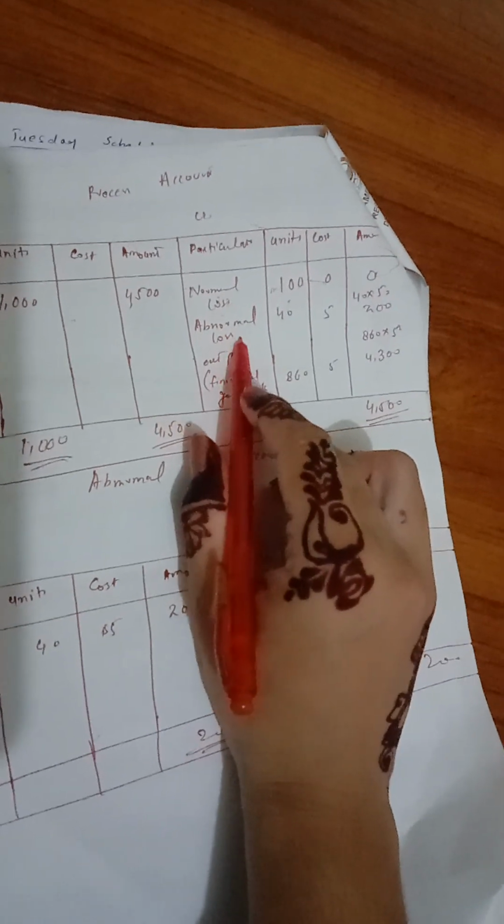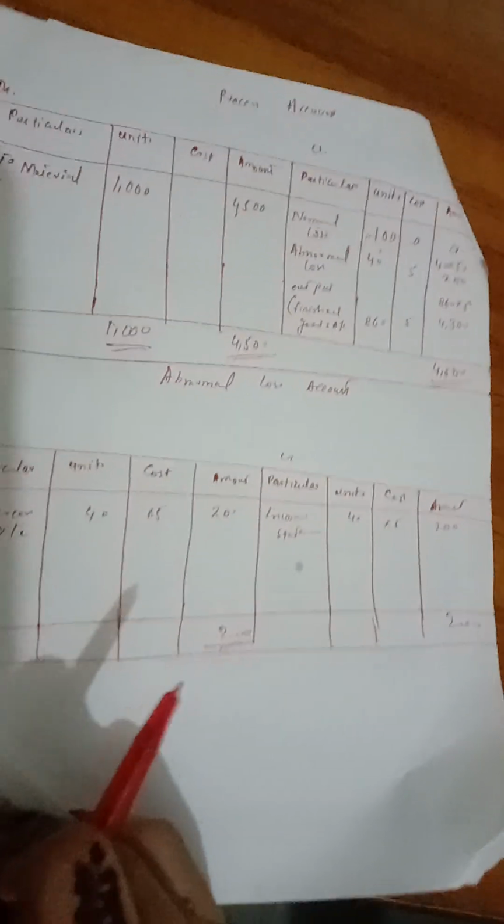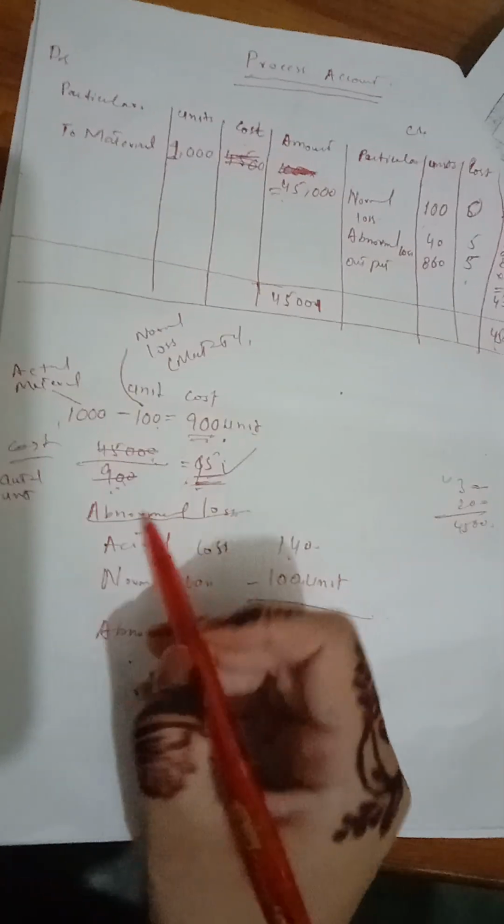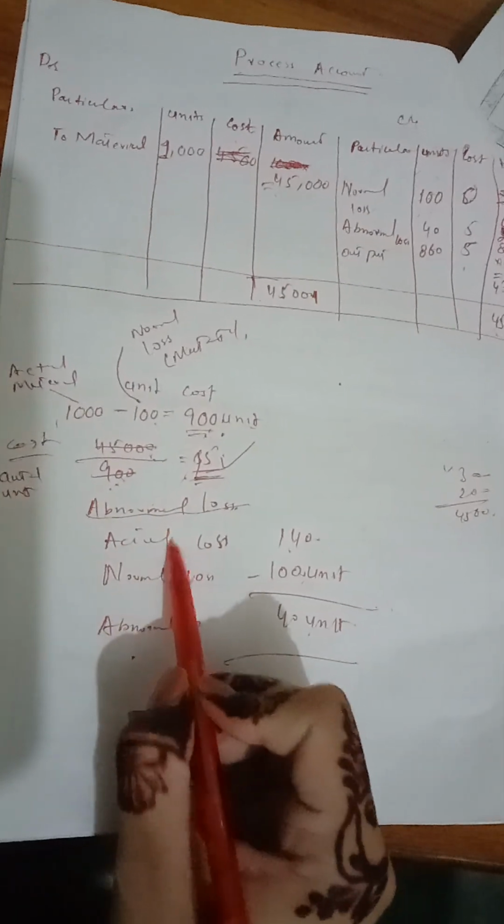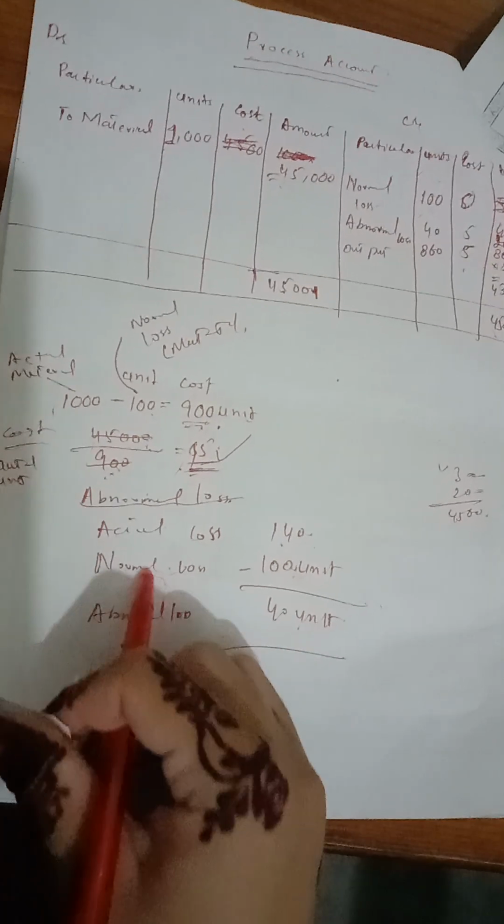Now what is the abnormal loss? The way to find the abnormal loss is actual loss minus normal loss. So what is our actual loss?